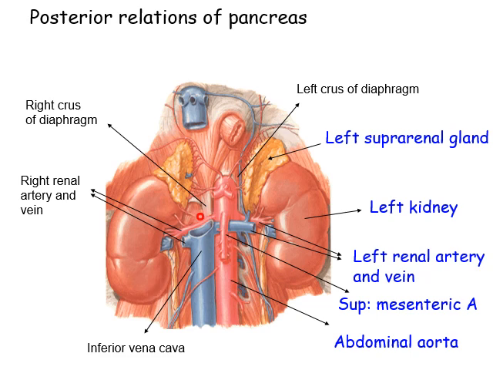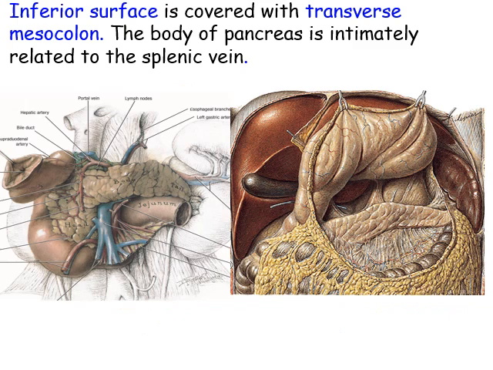Now there is no pancreas because it is removed, so you can see the posterior structures: suprarenal gland, left kidney, left renal artery and vein, blue and then red color, the superior mesenteric artery, and here the abdominal aorta. This is the posterior relation of the pancreas.